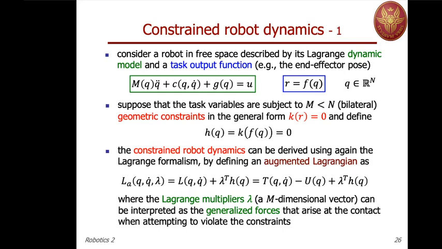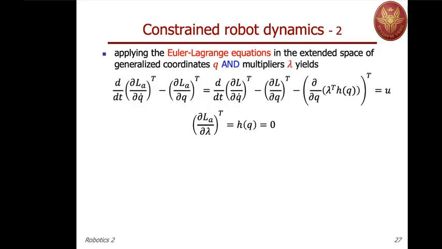So we have n generalized coordinates q and m yet undefined multipliers lambda. So we have an extended space to work with, or an extended set of coordinates to work with, including now also the multipliers of Lagrange.